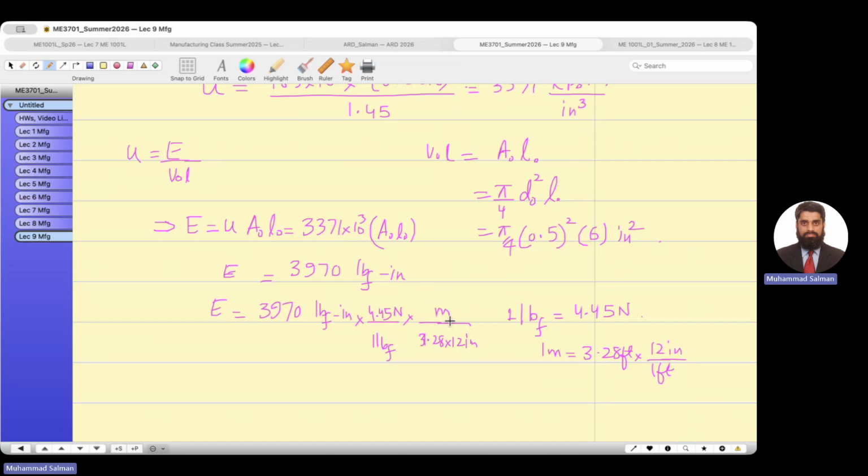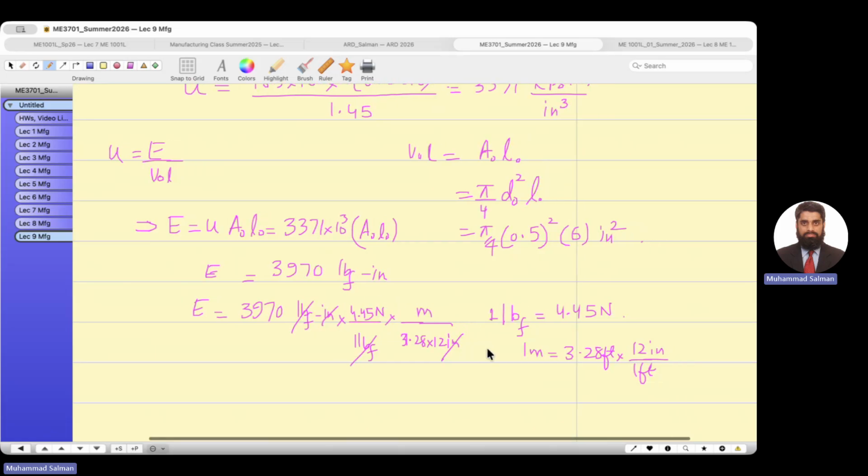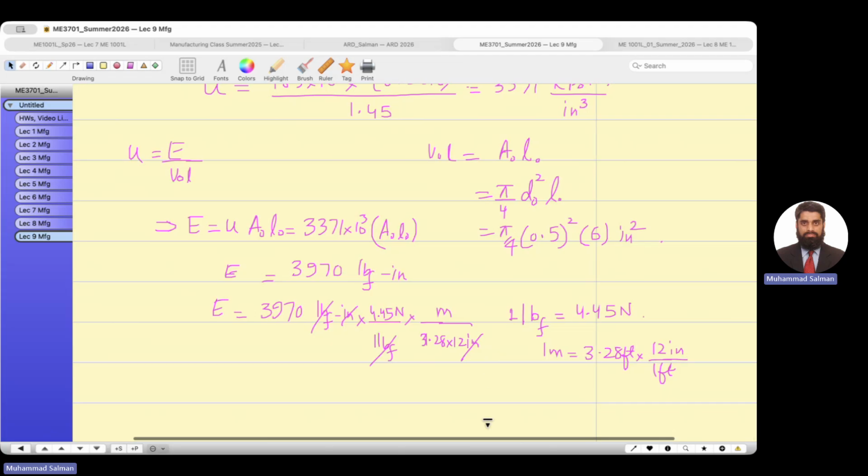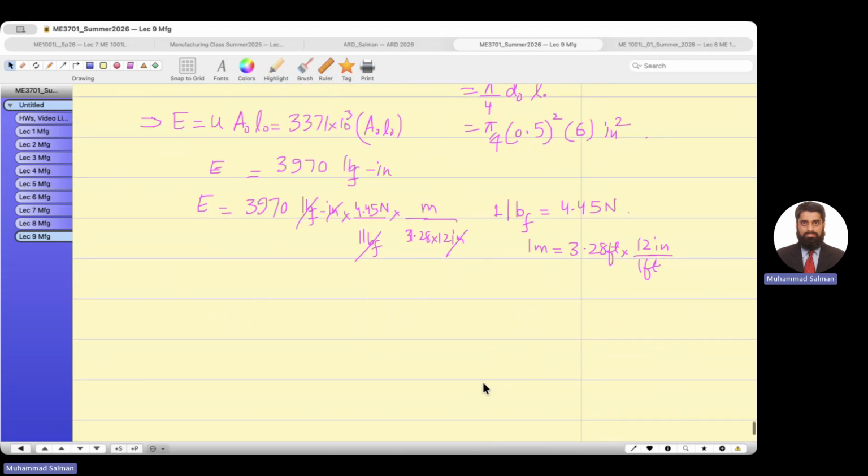And then inches cancel inch, pound force cancels pound force. You are left with Newton meter. So if you do the math, can you help me with this method? And if you do the calculation, do you get 449 joules?